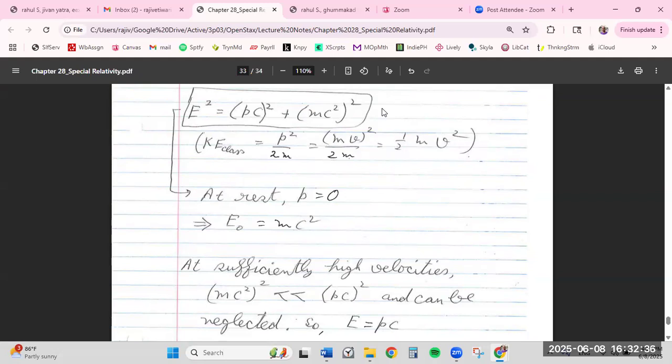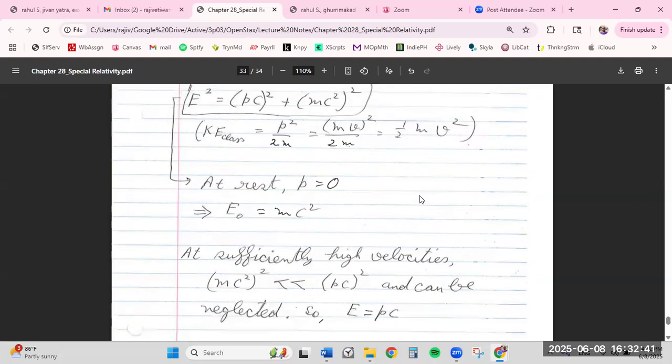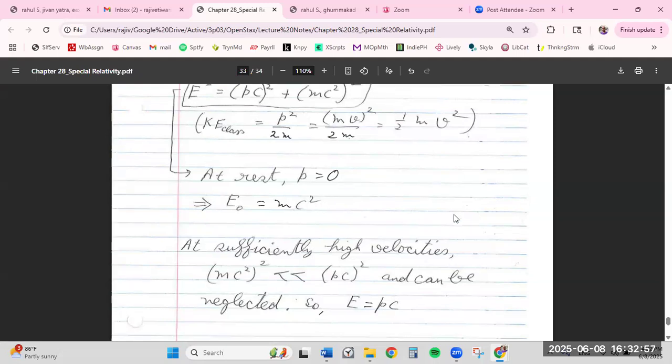E squared equals (pc) squared plus (mc squared) squared. If the object is at rest, p is 0, momentum is 0, and that brings us back to rest energy. If the first term is 0 here, and then you take the square root of both sides, you get E naught equals mc squared. And then again, at sufficiently high velocities, mc squared would be much smaller than pc if you approach the speed of light.